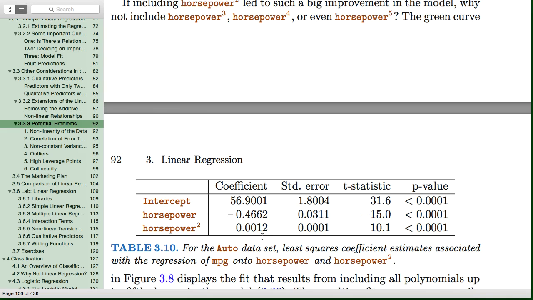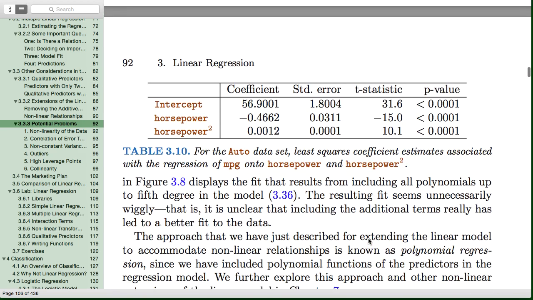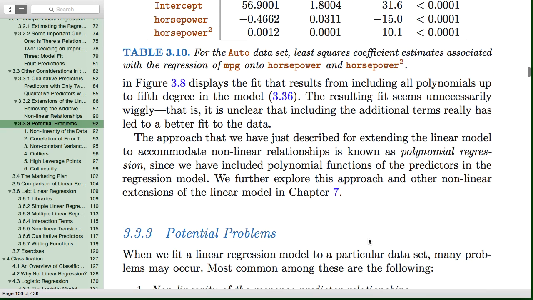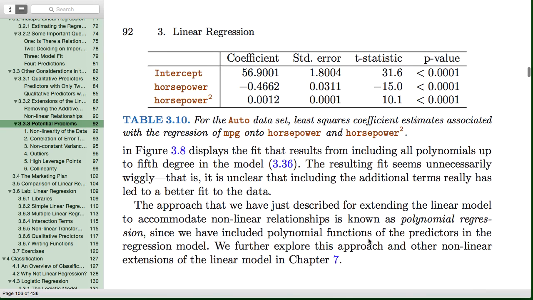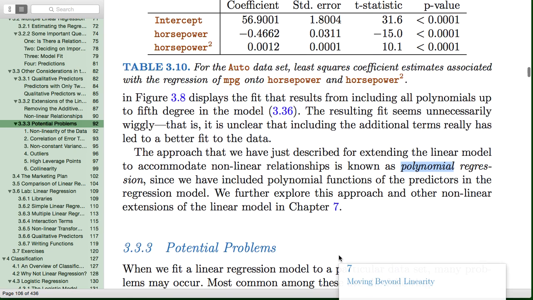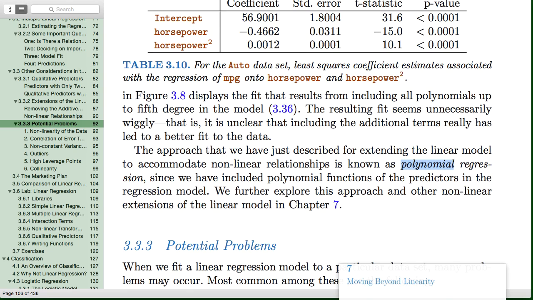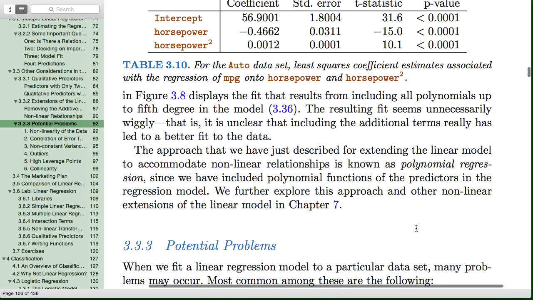If this were 0, there's a 0.0001% chance of seeing a t-statistic this large. Okay, this is called polynomial regression. We'll talk about polynomial regression later, but it's very typical to modify a linear model with just a quadratic term. That often helps us out a lot.